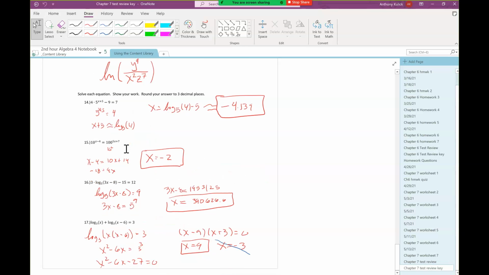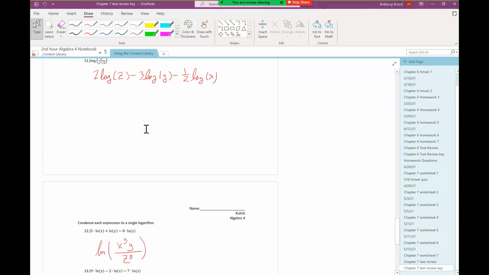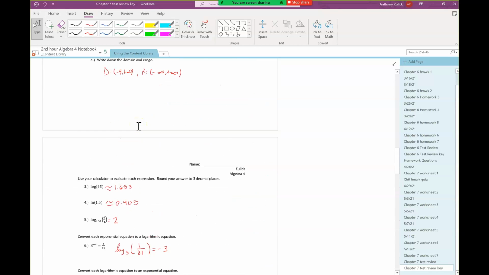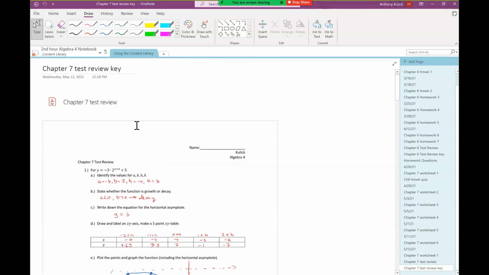So the plan for next week, let's see, this is Thursday. So Monday we'll take a day for a review to answer general questions. And then Wednesday would be the test day for Chapter 7. And then the week after, it's a 3-day week.